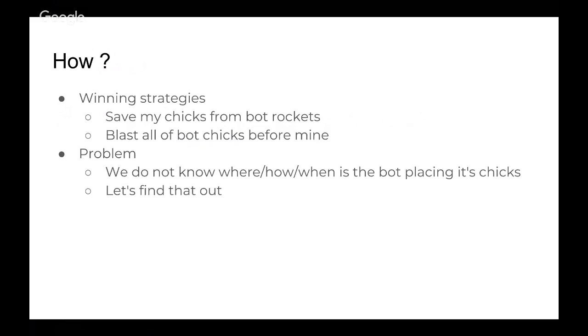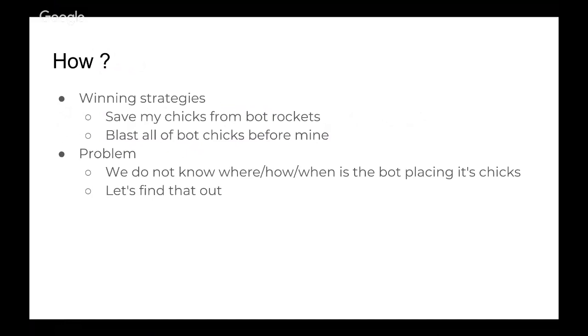The other strategy was to blast all of the bot's chickens before mine, meaning I place my rockets in those grid locations where I know the bot will be placing its chickens. We chose to go ahead with this second strategy. The problem with this approach, however, was that we did not know where, how, and when exactly the bot was placing its chickens.